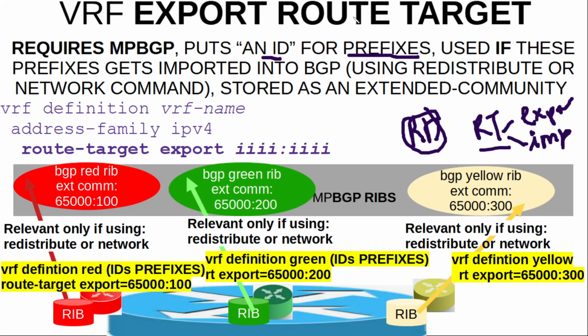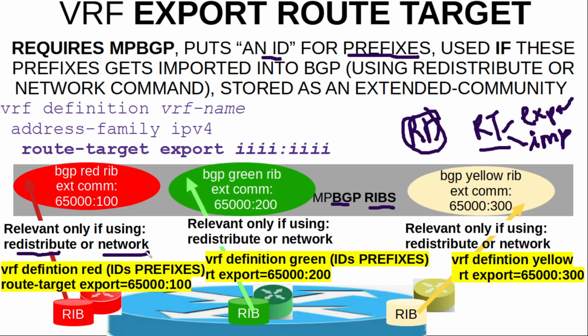Remember that BGP has its own RIB, independent of your VRF RIBs. So if you want to inject a VRF routing table into BGP, you have to use the redistribute or network command.